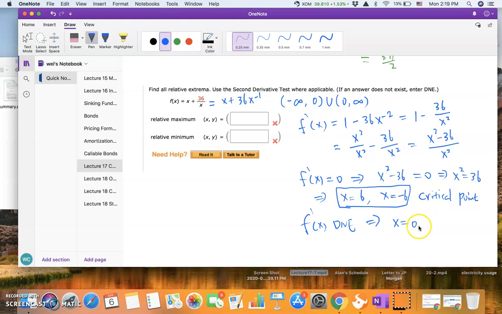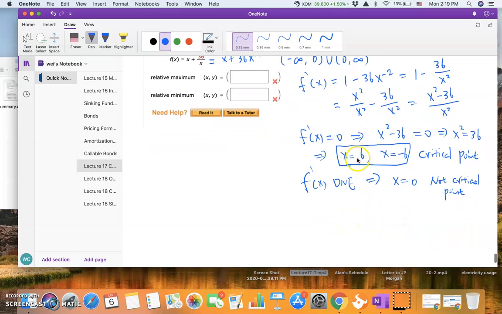However, because 0 is not in the domain of the original function, even though the derivative does not exist at 0, this is not a critical point. 0 is not a critical point. Okay. So we have only two critical points. One is 6, another one is negative 6.